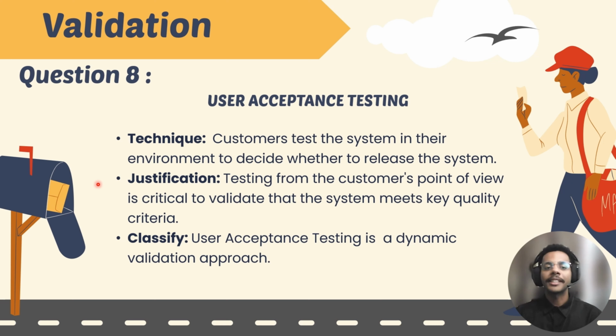Overall, user acceptance testing from customers ensures the system meets expectations and is efficient for end users before it goes live to the public. The classification of user acceptance testing is a dynamic validation approach since it executes the system in a live environment.